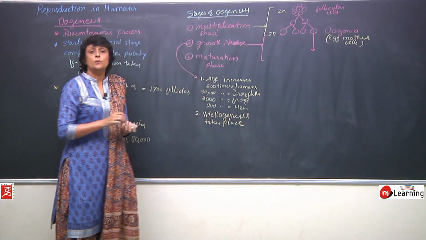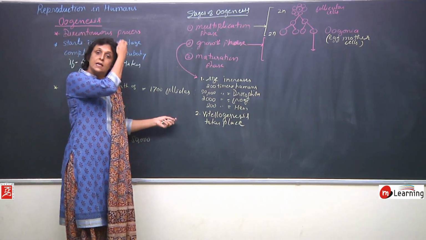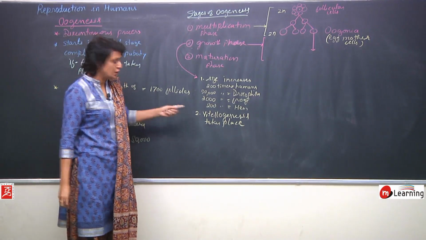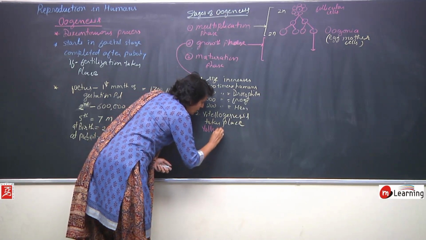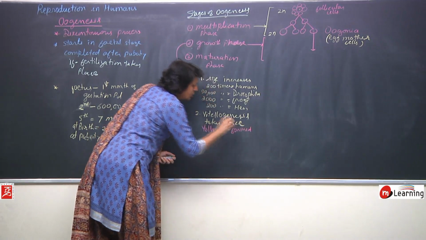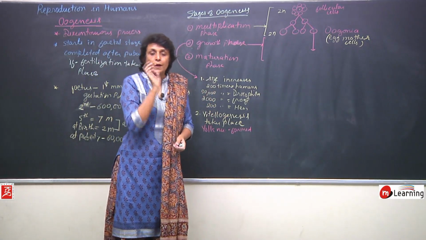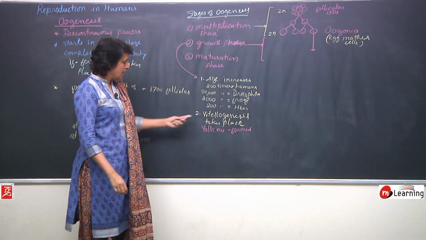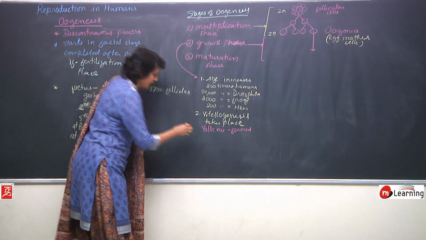Vitellogenesis means the process of yolk formation, and for this a structure called yolk nucleus is formed. Yolk nucleus is actually a cluster of mitochondria and Golgi body which help in vitellogenesis. So because of this yolk formation, the size is increasing.